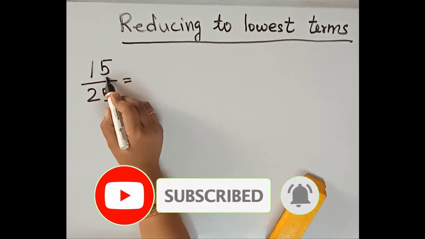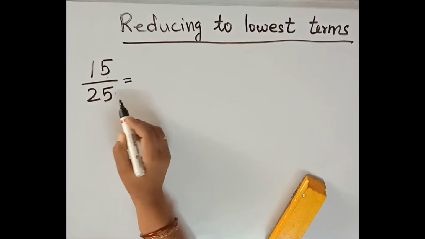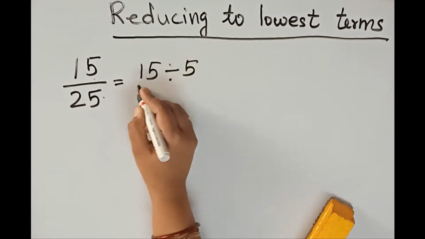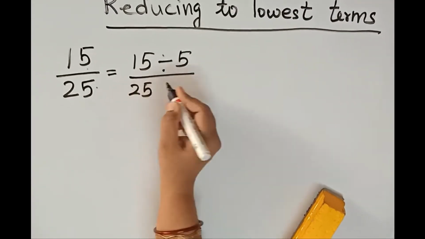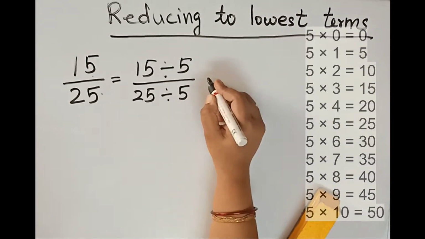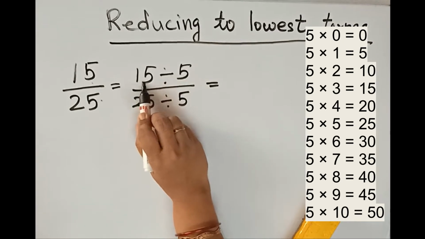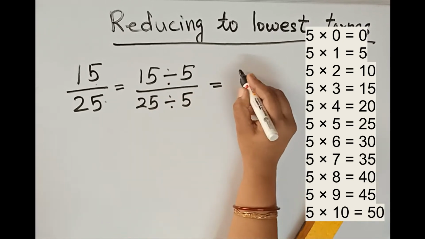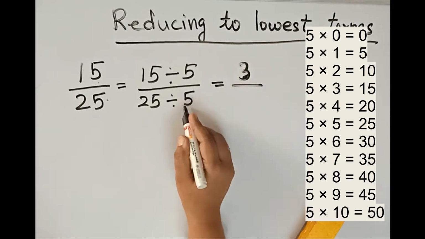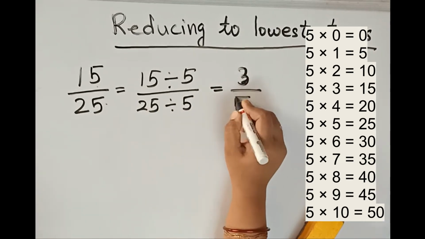Here the unit place is 5 and here also 5, so it will go by 5. Divide by 5, so 25 divide by 5. Now in the 5 table, how many times is 15 coming? 5 3s are 15, so 3, and 5 5s are 25.